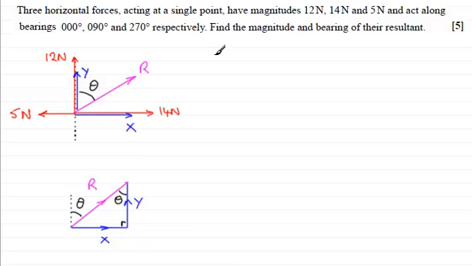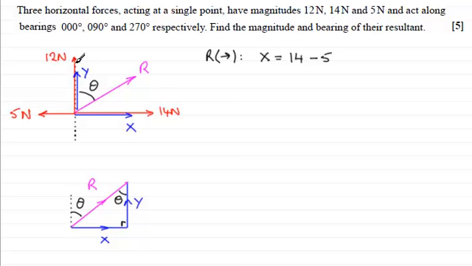First of all, I'm going to resolve to the right. So we're looking at the resultant force to the right, and that is going to be X. X is equal to 14 newtons, which acts to the right, minus the 5 newtons, because that's in the opposite sense to the way I'm resolving.